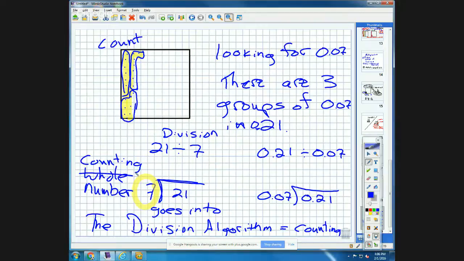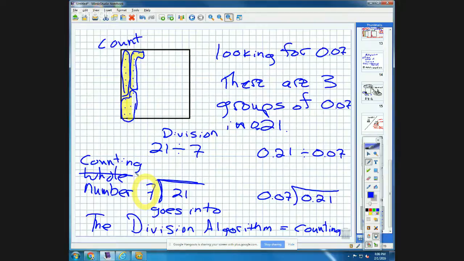No, counting numbers are 1, 2, 3, 4, 5. The opposites of the counting numbers are part of the numbers we call the integers. So then you couldn't do that with negatives? You could, but then you have to have rules for dealing with the negative part, which we developed separate rules for. Otherwise, it doesn't matter whether they're positive or negative, the division algorithm works the same way.